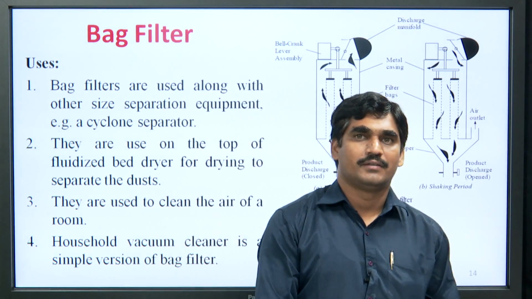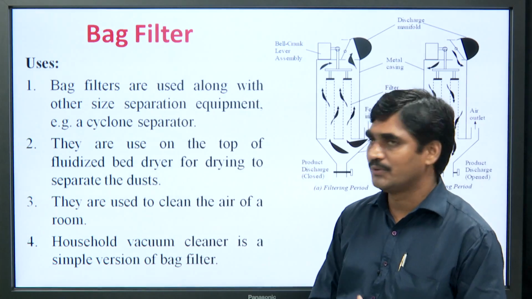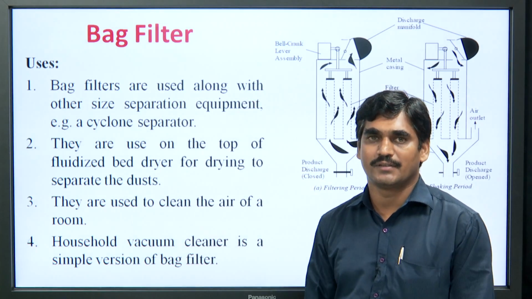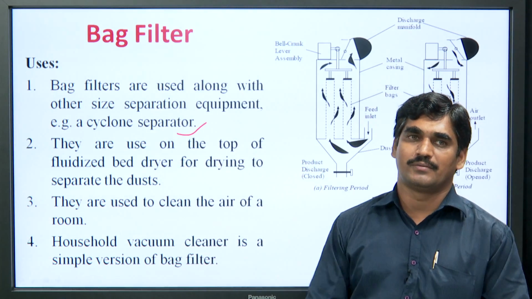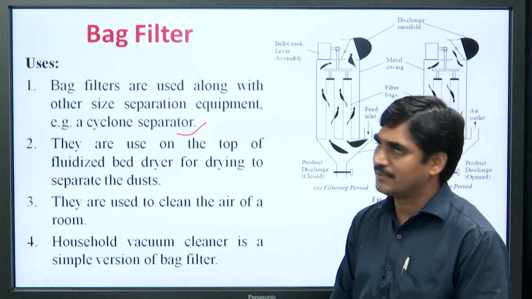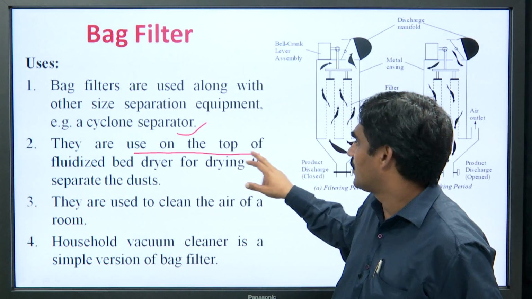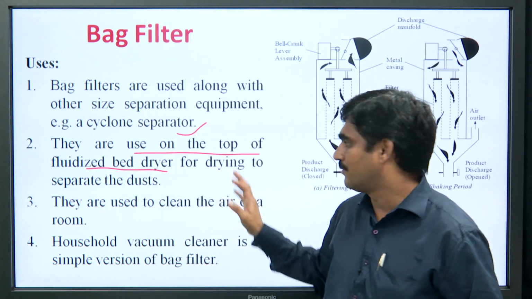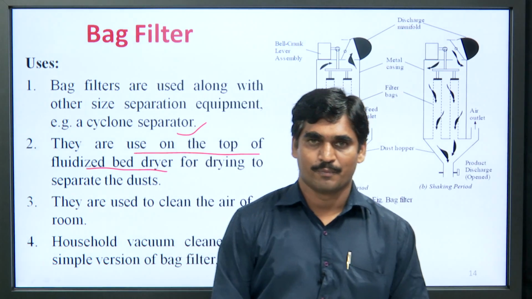Now, different uses of bag filter. Bag filters are used along with other size separation equipment like the cyclone separator; they are attached with cyclone separators for separation of particles. This can be used on the top of a fluidized bed dryer during drying to separate the dusts also.